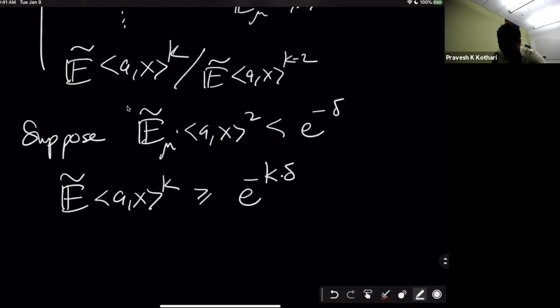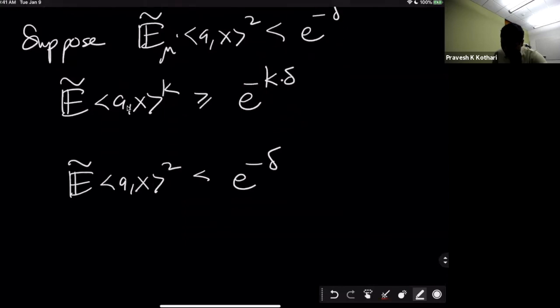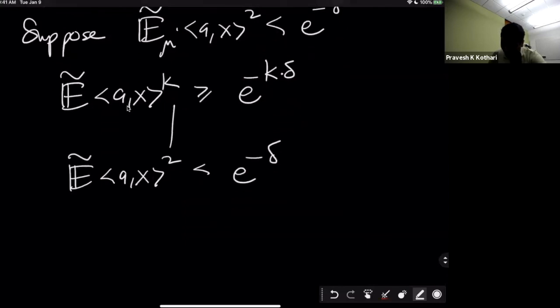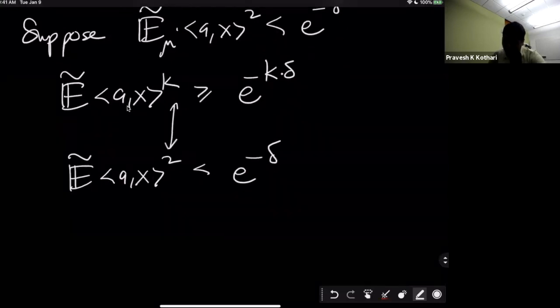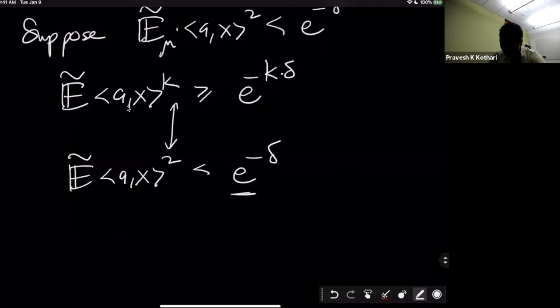And I know that the pseudo expectation of A(x) squared is at most e to the minus delta. So now I have k, or I guess k minus 2, levels of multiplicative jumps here, right? And my expectation is supposed to go from e to the minus delta to e to the minus k delta.